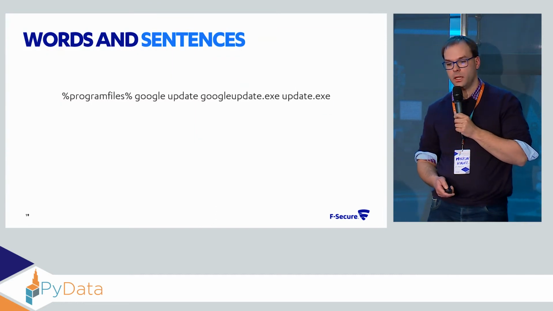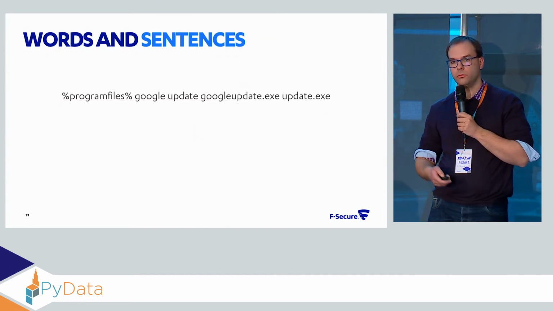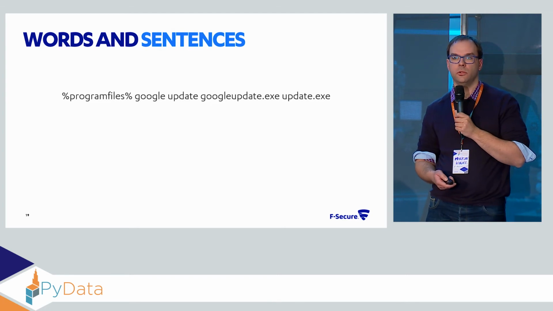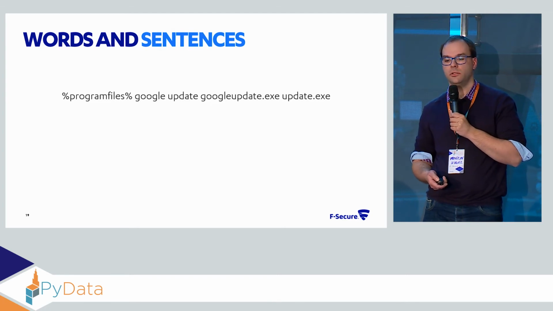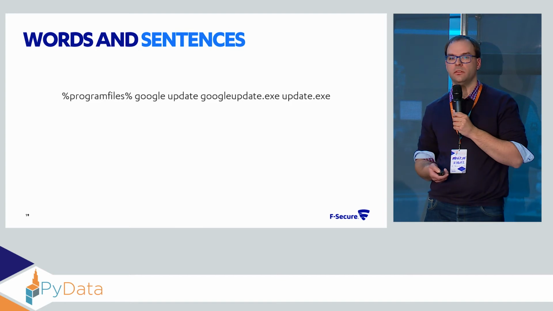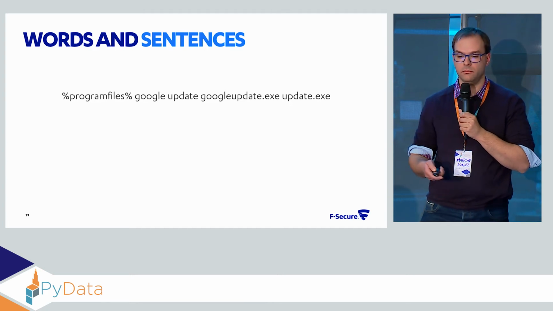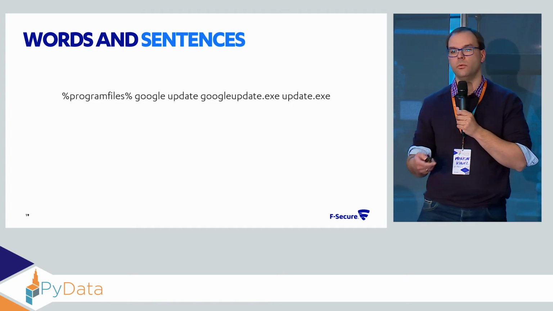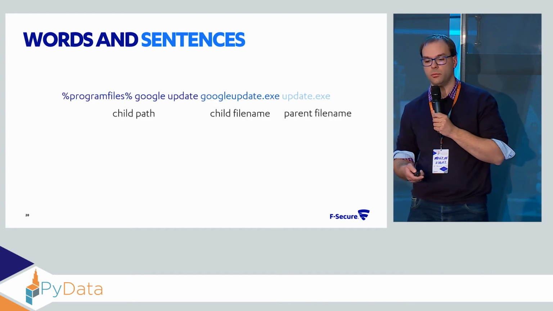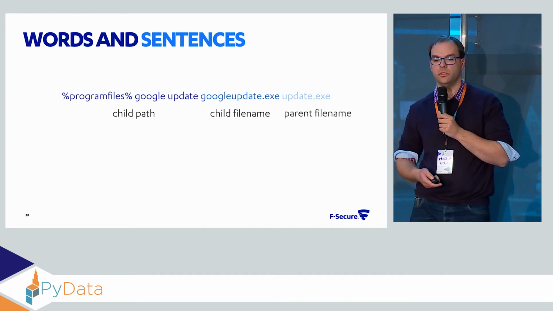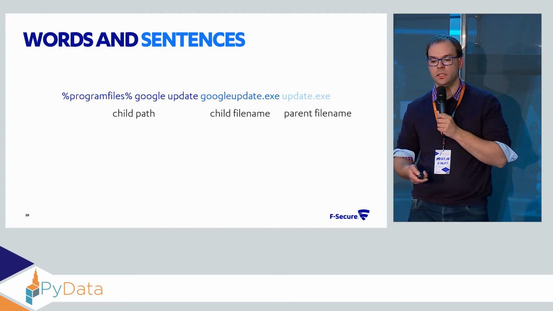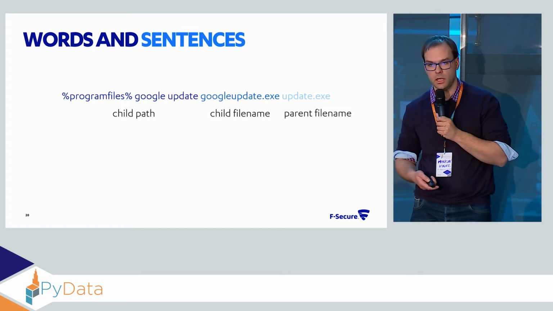Okay, so we need to create a neighborhood, or the sentence in natural language, because the sentence definition actually forces what is similar and what is not similar. In our case there are many options, but one option is, for example, to take the path of the child process, then the file name of the child process, and then, for example, the parent file name.